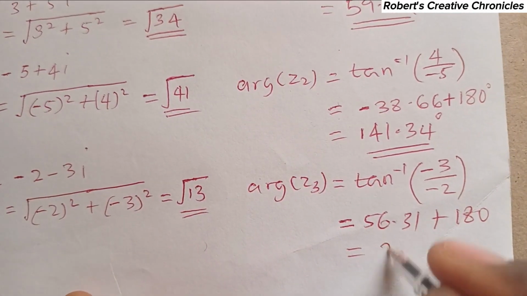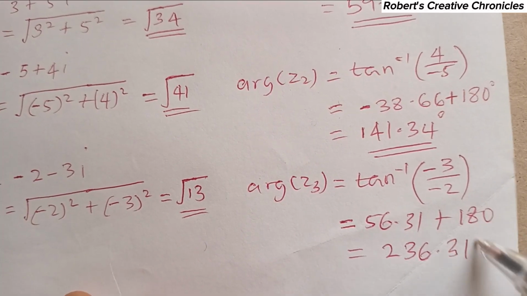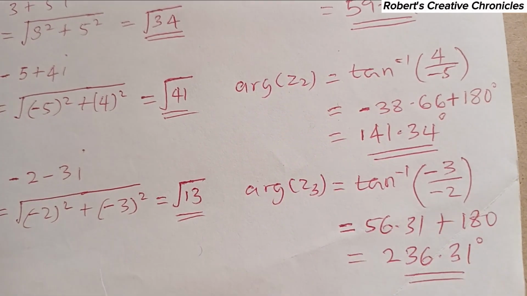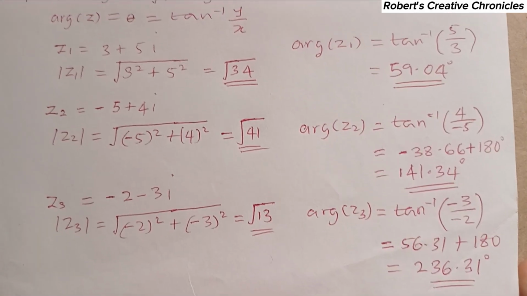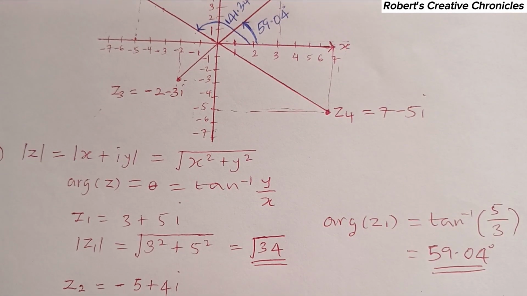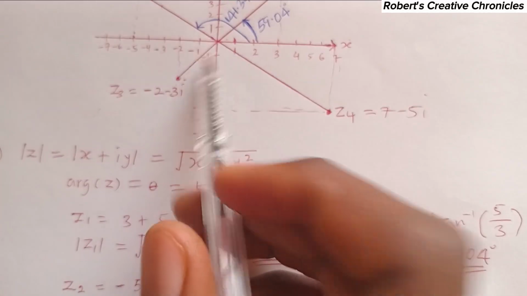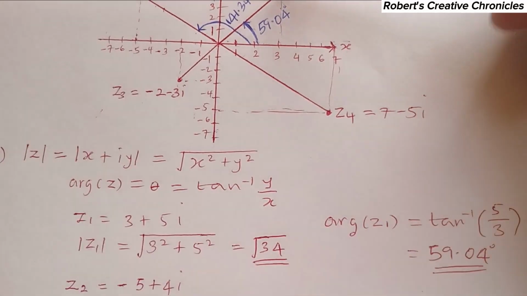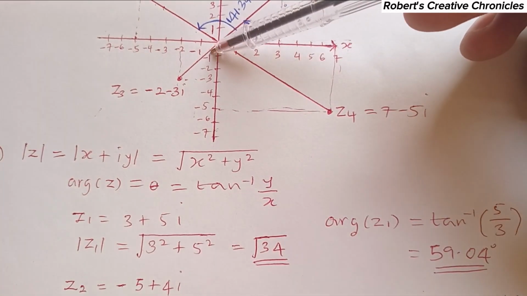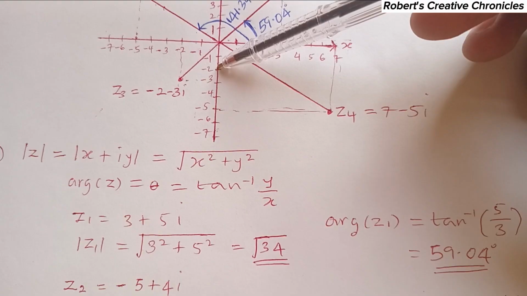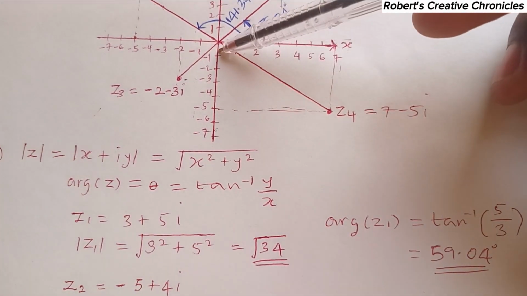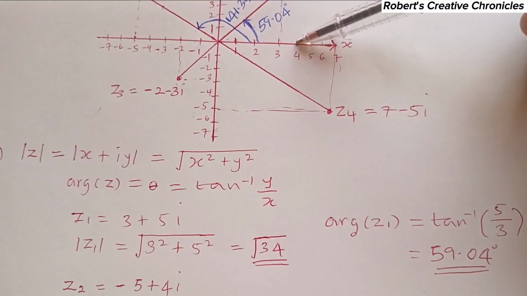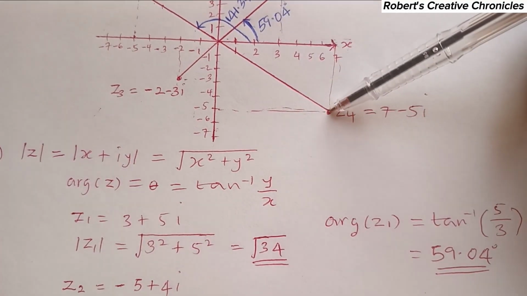So this is 236.31 degrees. You can see that it's obviously 236.31 because the angle to here will be greater than 180 but less than 270. Now here, this angle should be greater than 270 and less than 360 because it's in the fourth quadrant.